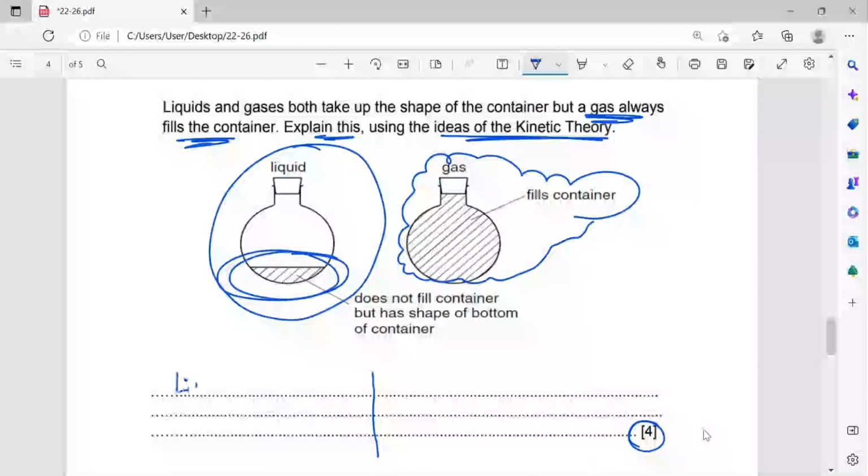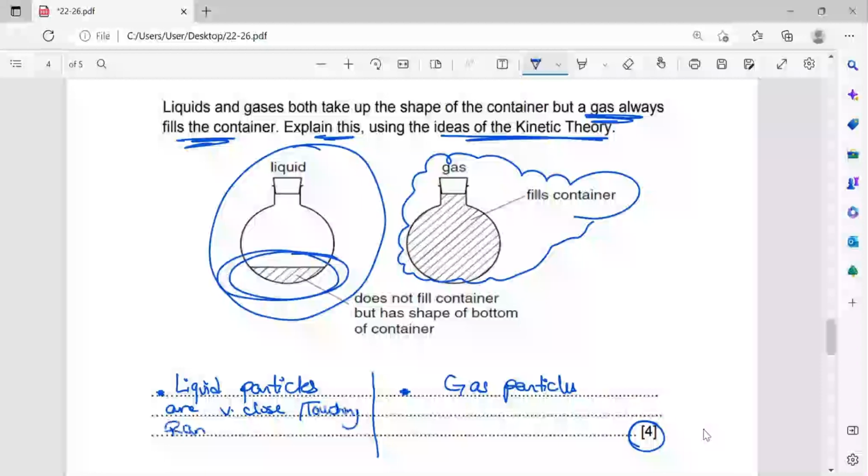So first, regarding the liquid particles, and here regarding the gas particles. We have to talk about the arrangement and the movement. The liquid particles are very close. They are touching each other.